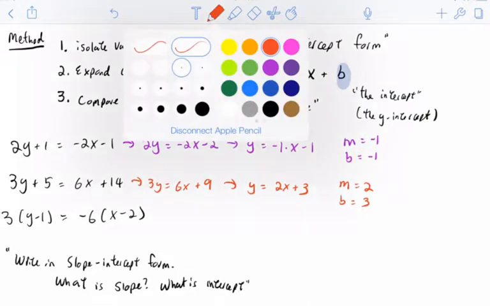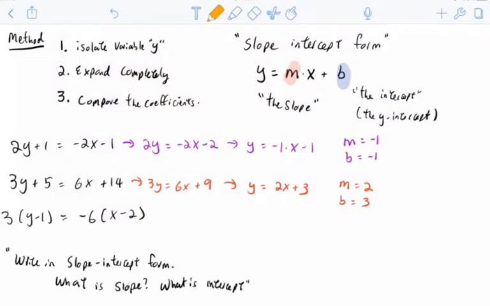Well, this one's super weird. y minus 1 is equal to minus 2x minus 2, which becomes y is equal to minus 2x minus 2 plus 1, which becomes minus 2x plus 4 plus 1, which becomes minus 2x plus 5.